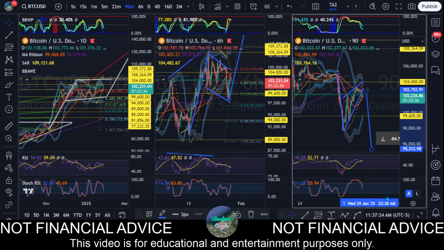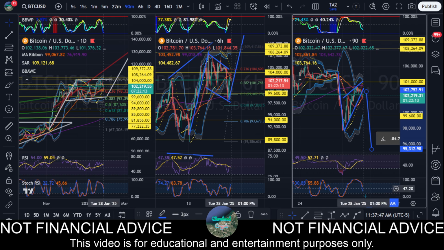The stochastics here on the 90-minute chart are also suggesting downward momentum. As you can see, they are way under their signal line and in bearish territory and driving down with no real curling seen. However, we are seeing a little curl here on the RSI on the 90-minute chart at the 50 line, trying to stay in bullish territory.